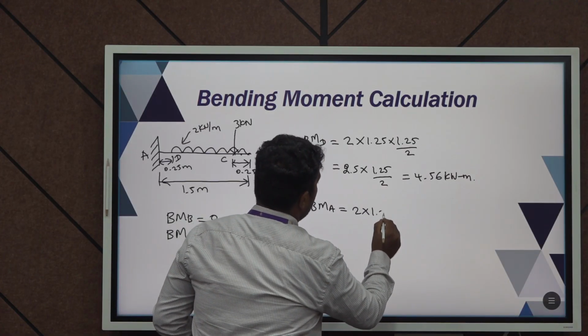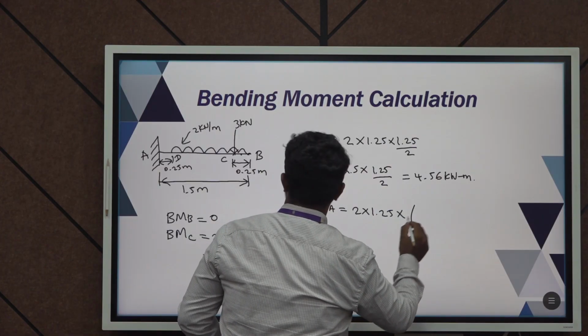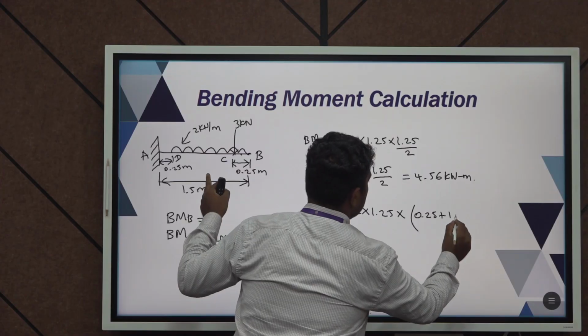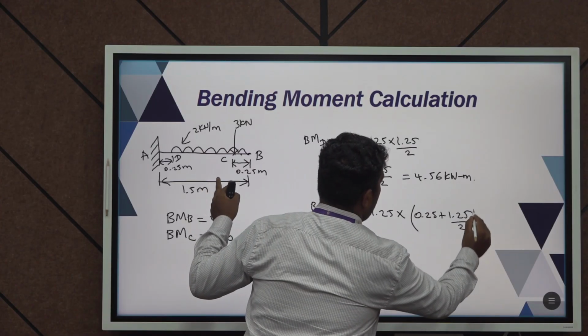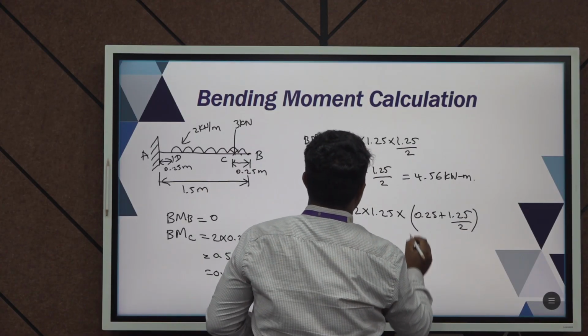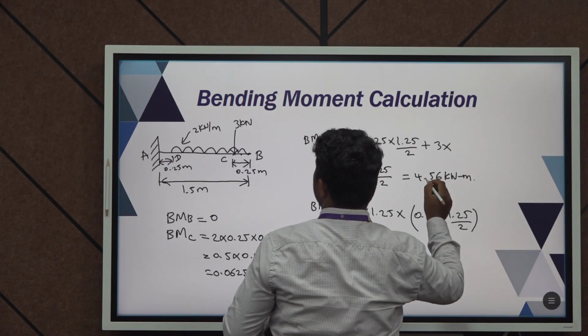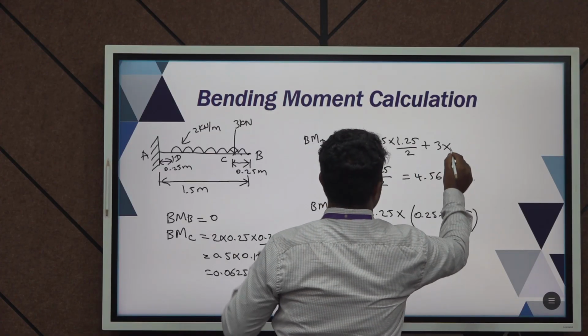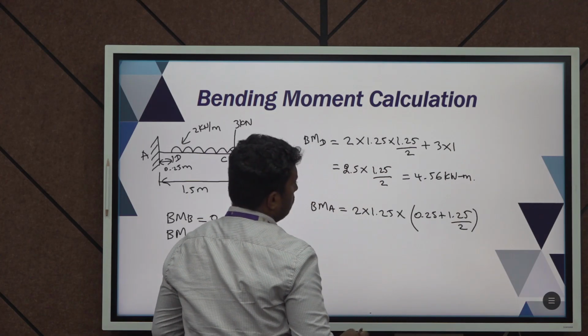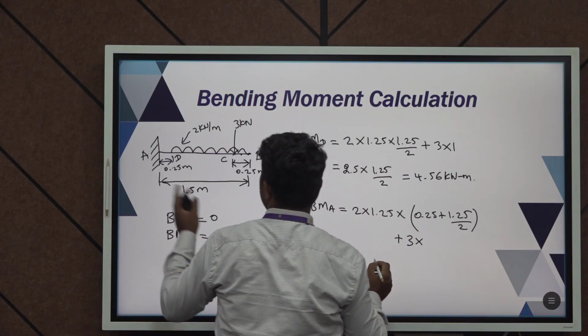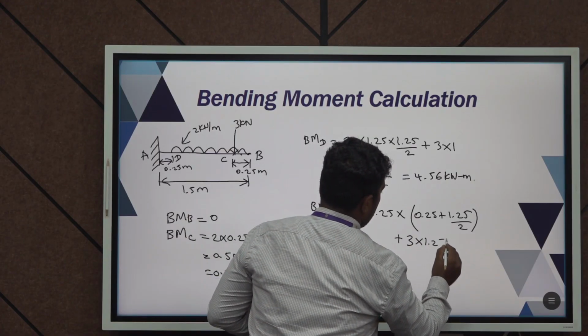Bending moment at point A is equal to 2 into 1.25 into 0.25 plus 1.25 by 2, plus 3 into 1, plus 3 into 1.25.